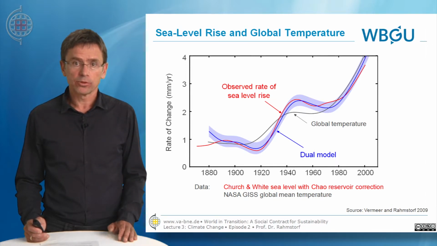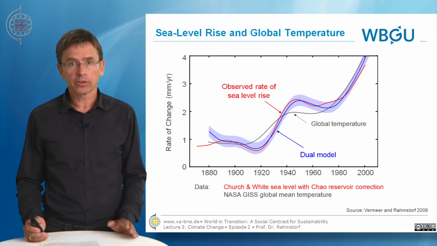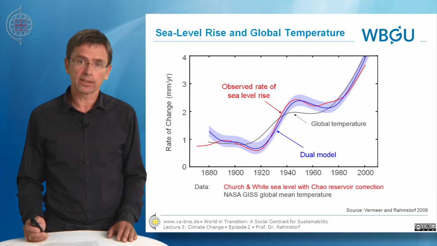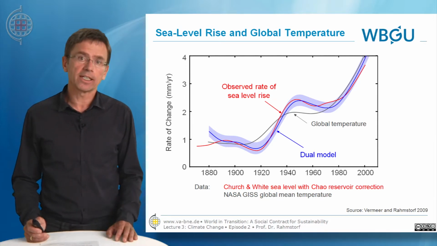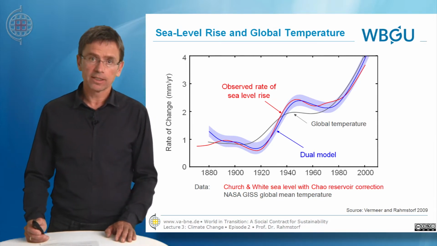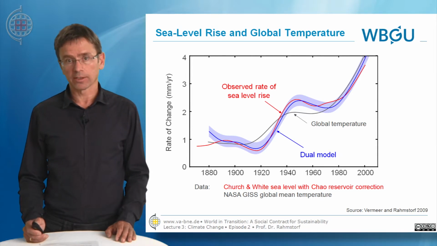And the two look, already by eye, quite correlated: the rate of sea level rise went up in the 1930s to 40s when the temperature also rose. Then there was this plateau in the global temperature for a few decades when the rate of sea level rise also stagnated. And since about 1980, temperature goes up again, and so does the rate of sea level rise.